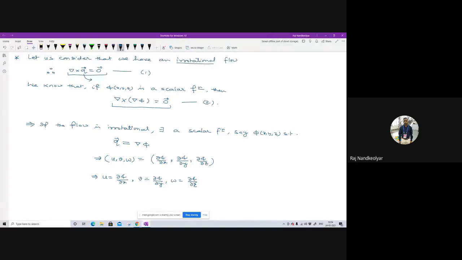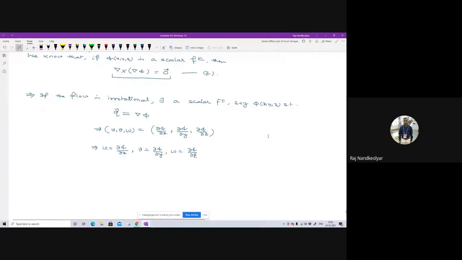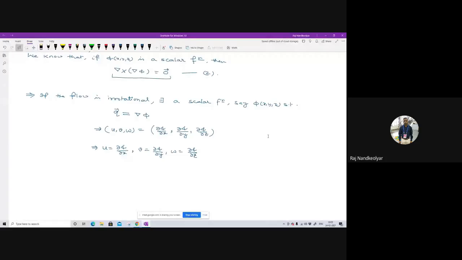So if the flow is irrotational, there exists a function phi such that if you differentiate it partially with respect to x, y, z, you get the x, y, z components of the velocity, that is u, v, w.